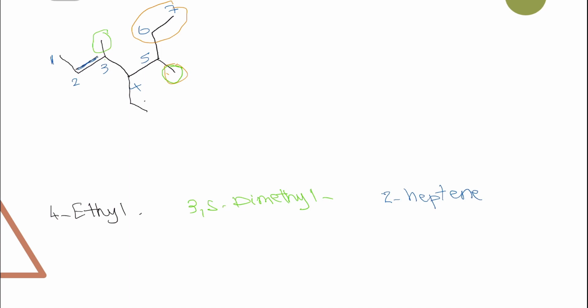So look at the longest chain that has the double bond, number it from the side that will give the double bond the lowest number, and then give the substituents. Look at the substituents, give them their numbers, and arrange them in alphabetical order. Ethyl will come before methyl when we arrange them in alphabetical order. The word di means two, so we don't include that in the alphabetical order for the substituents.